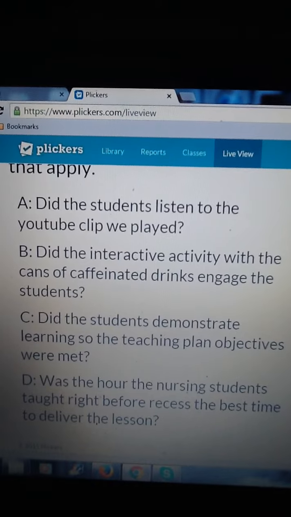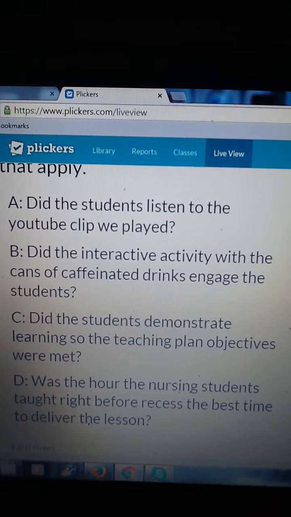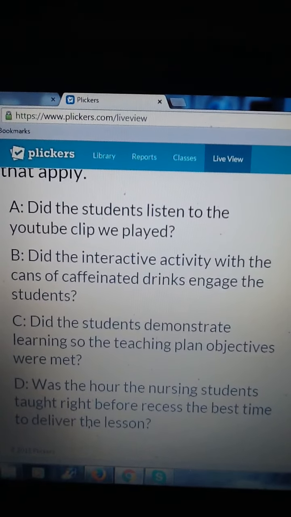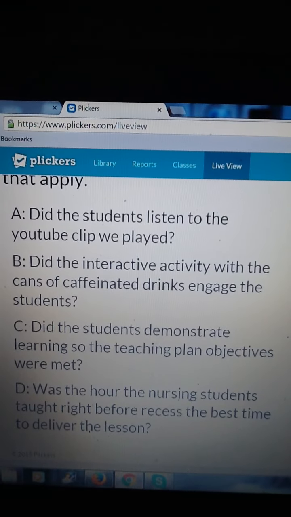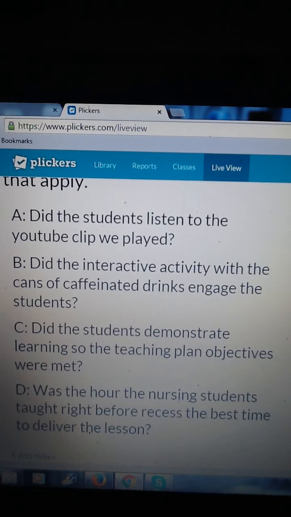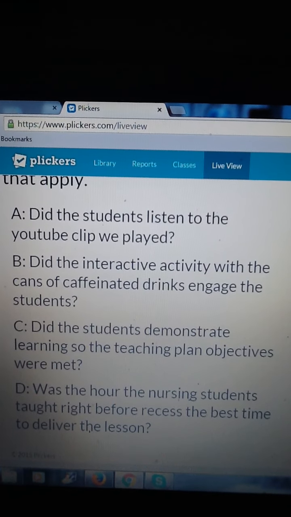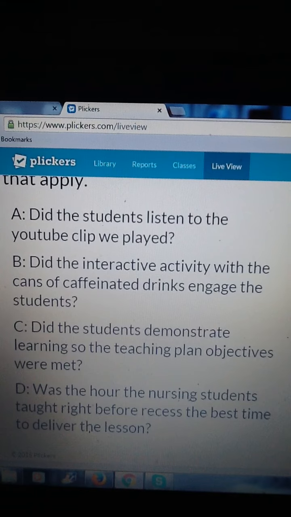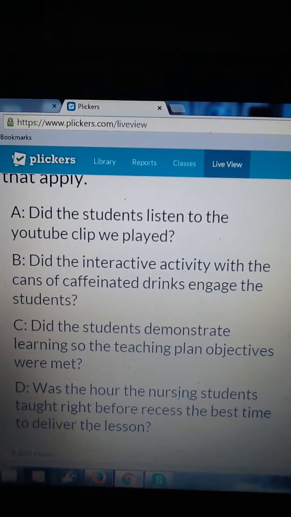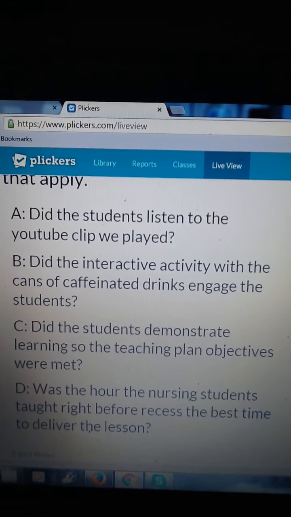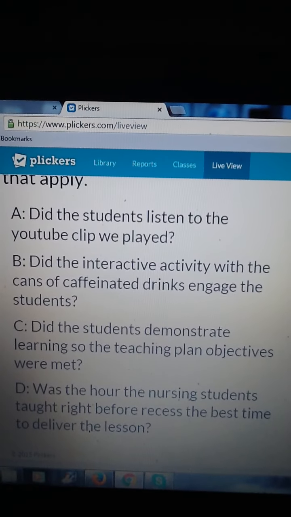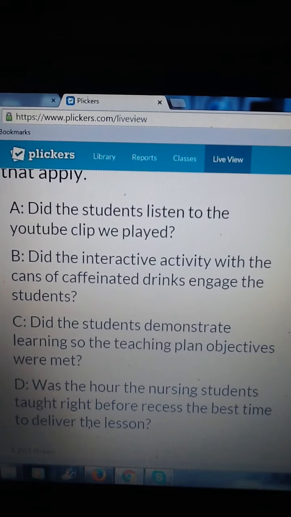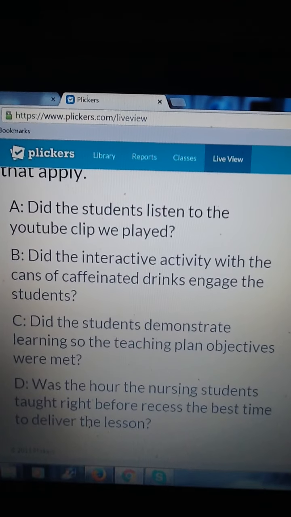So a process evaluation is that did the students listen to the YouTube clip we played? If you think that's correct, you would select it. A process evaluation is it did the interactive activity with the cans of caffeinated drinks engage the students? A process evaluation is it did the students demonstrate learning so the teaching plan objectives were met?